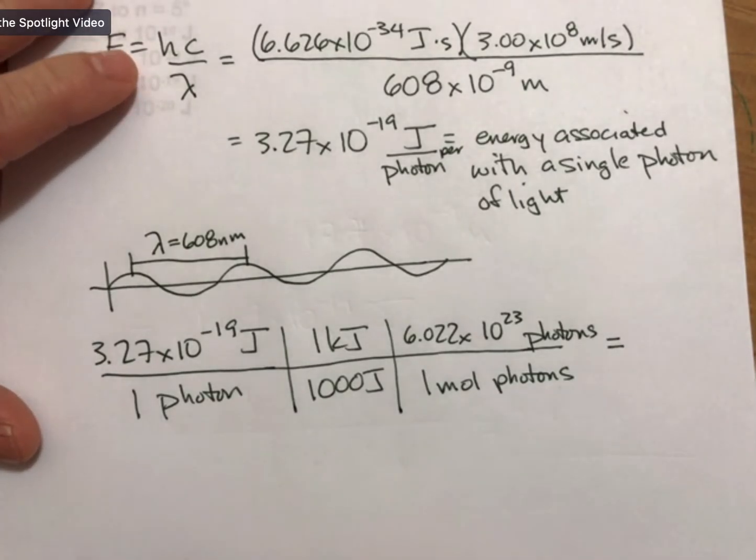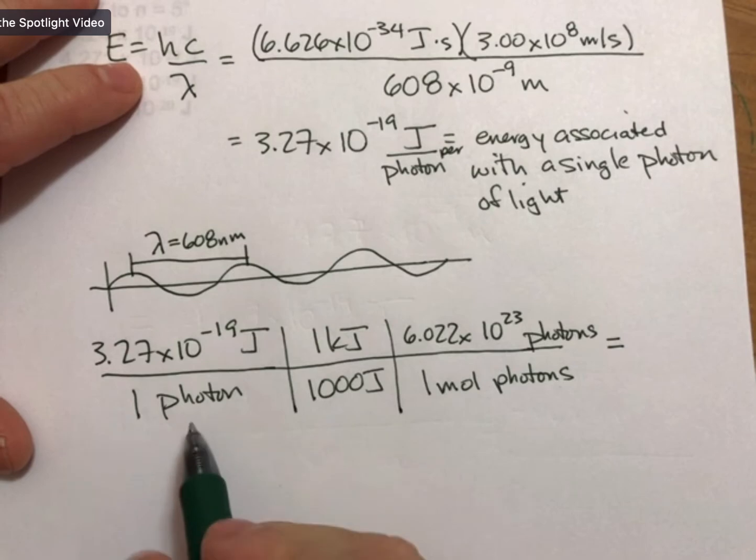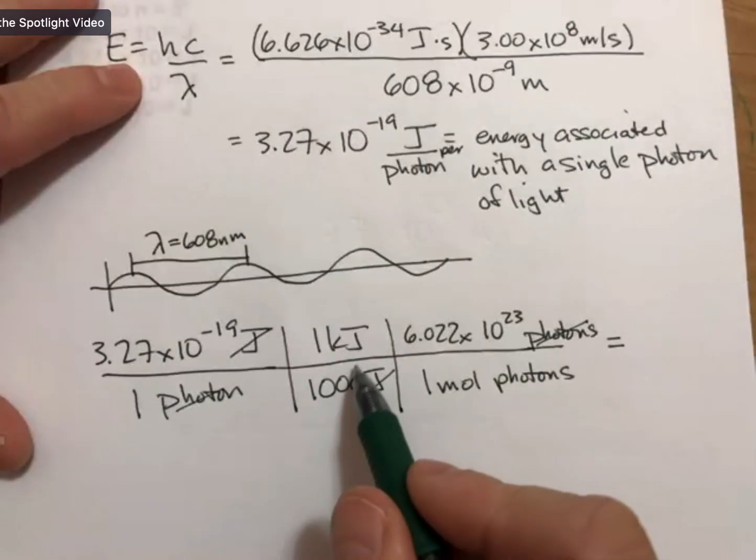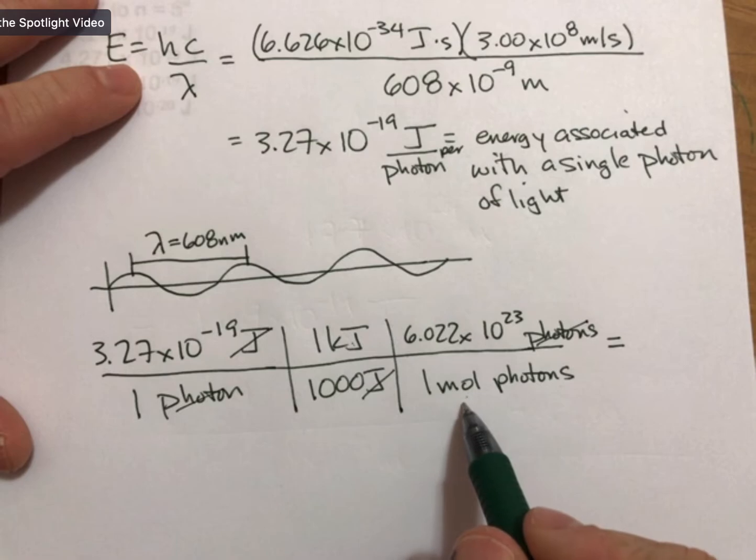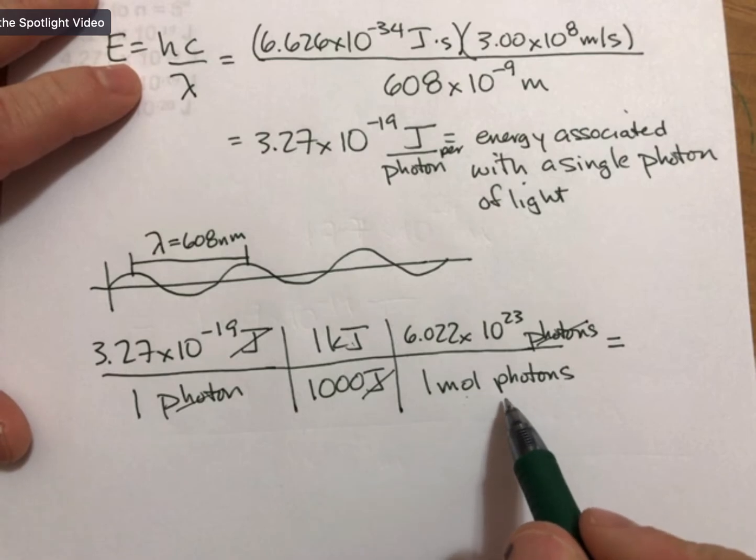If we look, photons cancel, joules cancel, and we will be left with units of kilojoules per mole of photons.